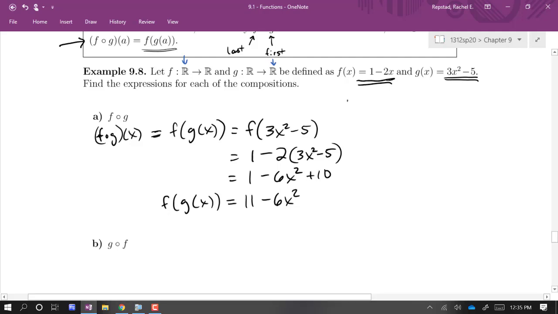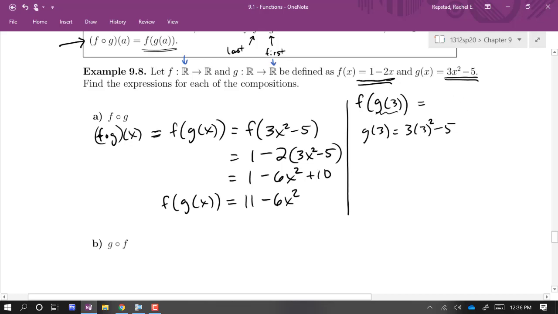Now, just to see what we mean by a composition function, suppose I wanted to find f of g of 3. On the one hand, we could say, all right, well, what's g of 3 equal to? So g of 3 is 3 times 3 squared minus 5.